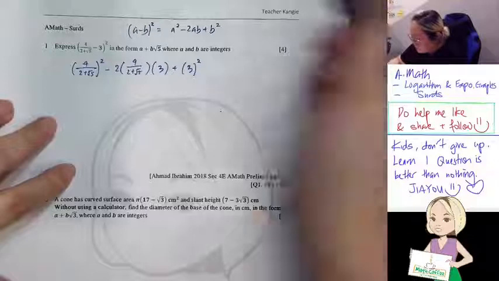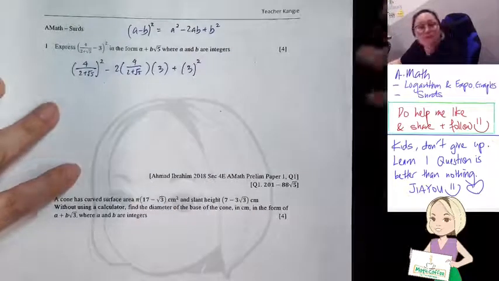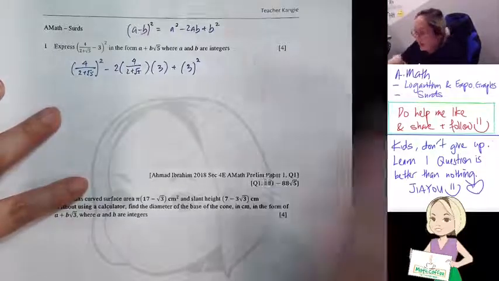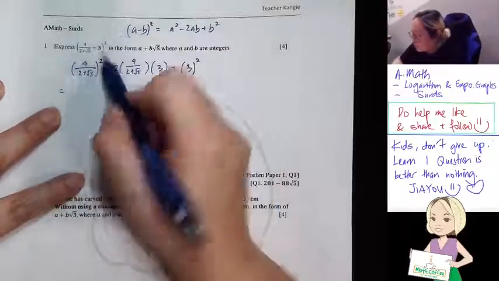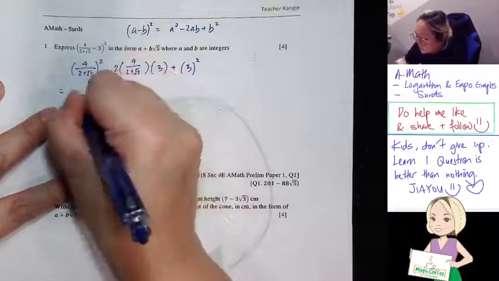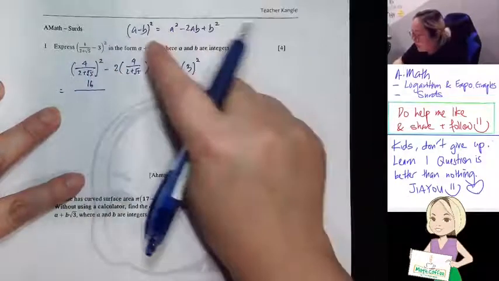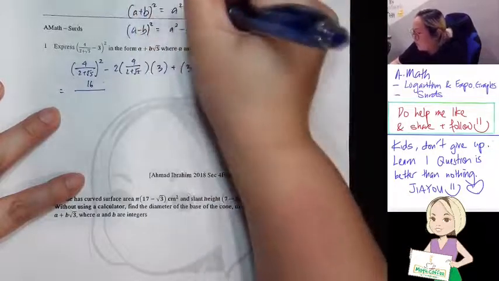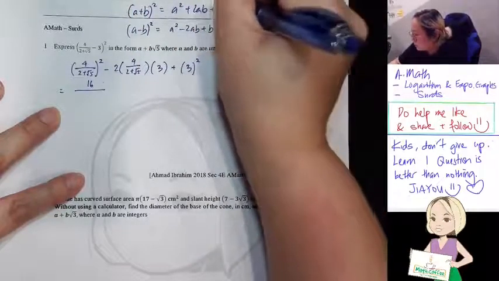Right? A squared minus 2ab plus b squared. So let's simplify this. So 4 squared, of course, we know this is 16. This one, the denominator, I'm going to apply the same thing again. I'm going to use a plus b squared is equal to a squared plus 2ab plus b squared.